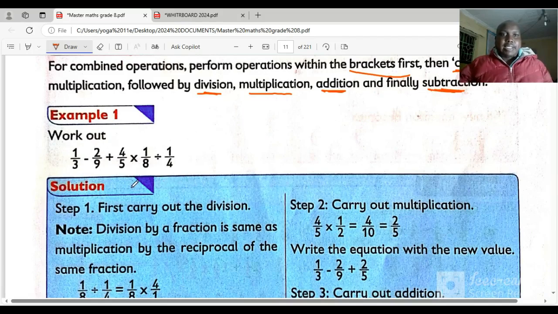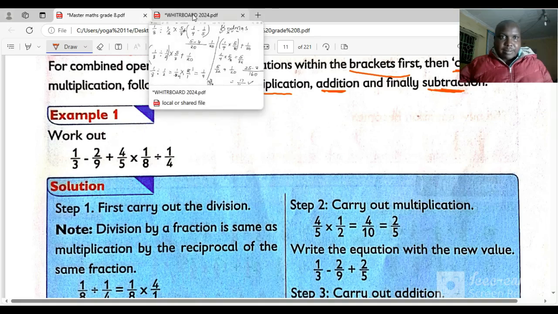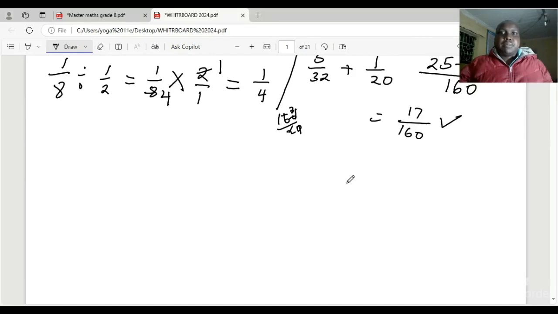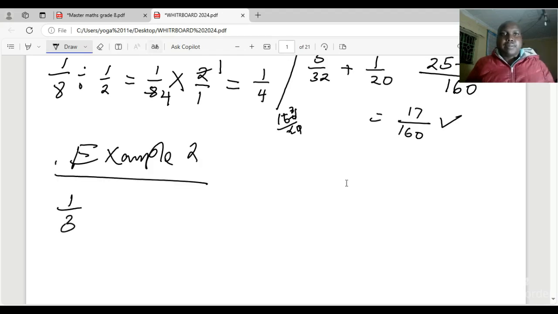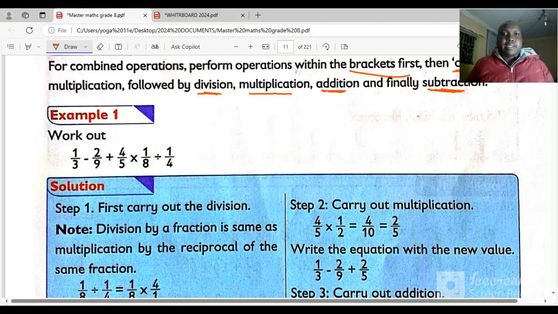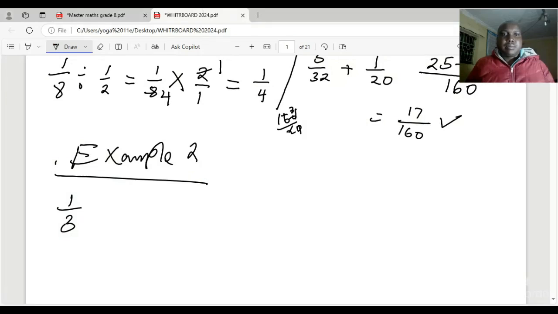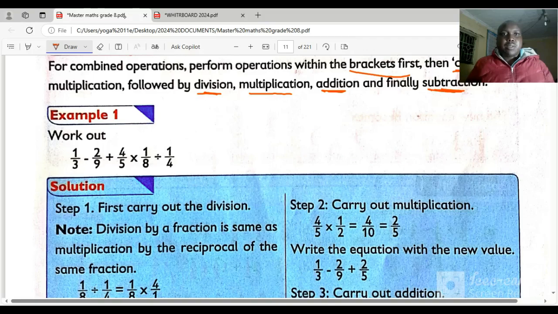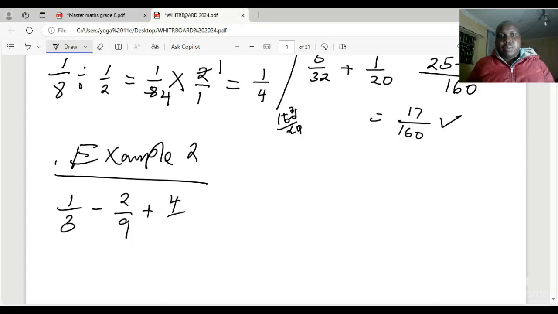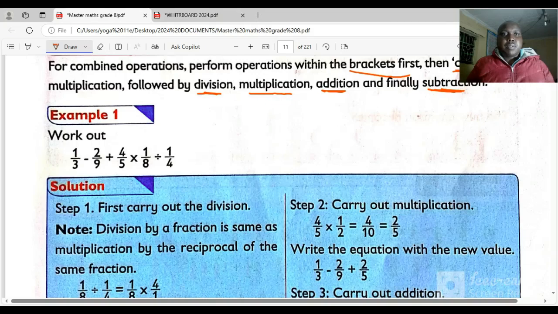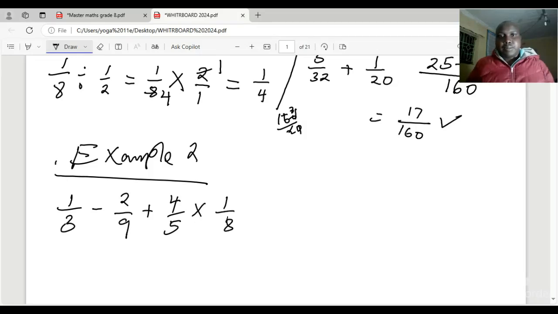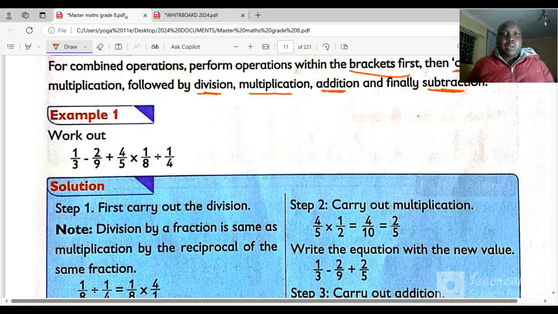This one is 1 minus 1 over 3 minus 2 over 9 plus 4 over 5 times 1 over 8 divided by 1 over 4.